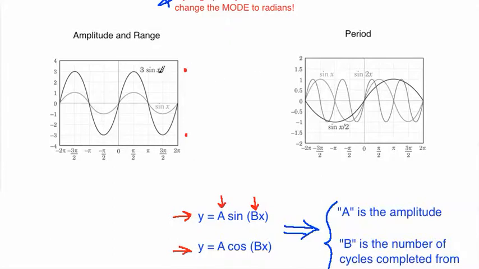So for 3 sine of x, our range would be from -3 to 3, so this would have a range of 6, and the amplitude is half of that. So the amplitude would equal 3. So the amplitude is from here to here.